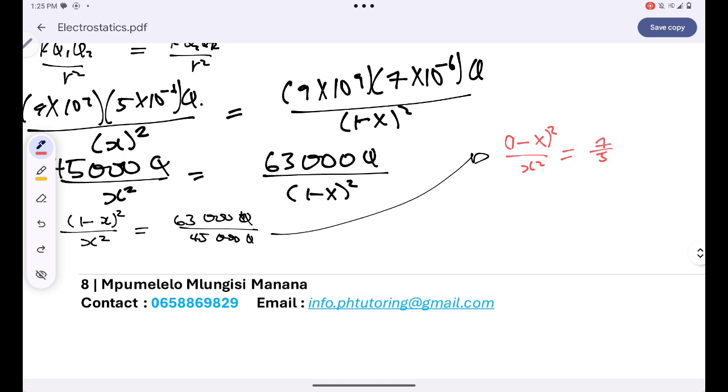I can take the square root on both sides, and then I'll simply have 1 minus x all over x being equal to the square root of 7 over 5.